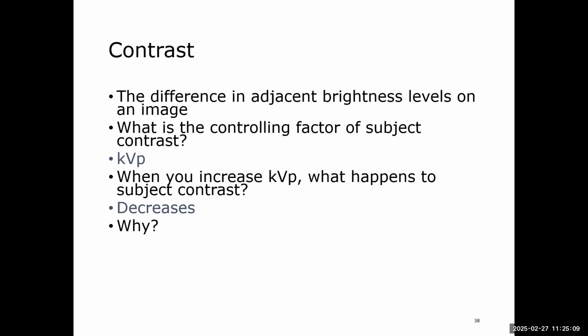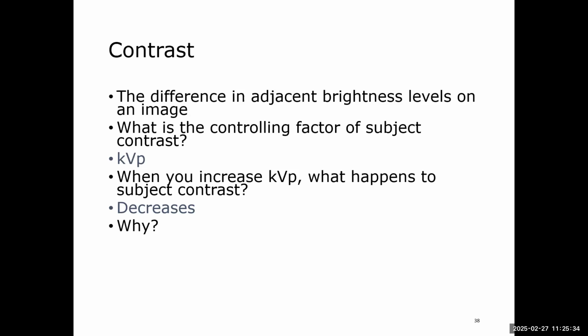Because when we increase KVP, that means the energy of the beam is increasing, which means the penetrating ability of the beam is increasing, which means there's a better chance that the photon is going to make it through. So your part is getting more uniformly penetrated, so all those brightness levels are coming closer and closer together. And then what were you saying, Deanna? I just said more penetration.